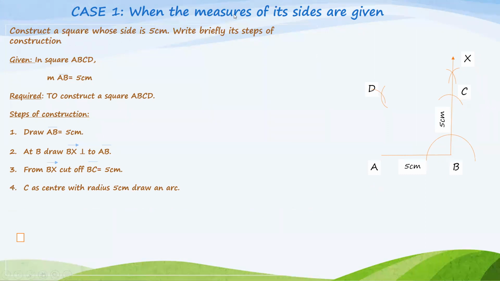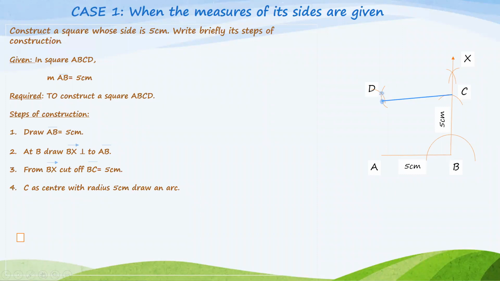Then we have to join C to D properly. Now students, make it very clear that we have to draw the line properly here like this. Avoid drawing the line like this that joins C and D, but this is not D. Where is D?